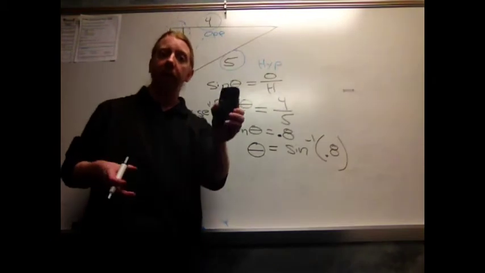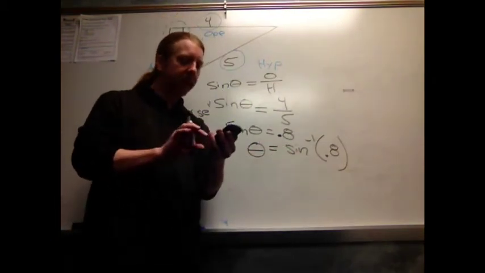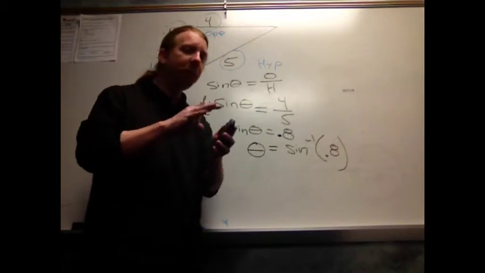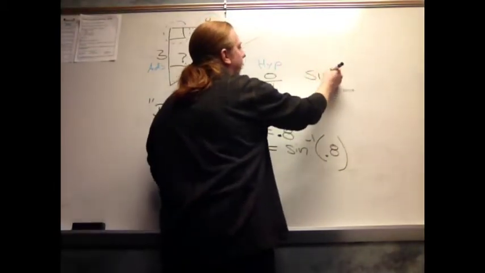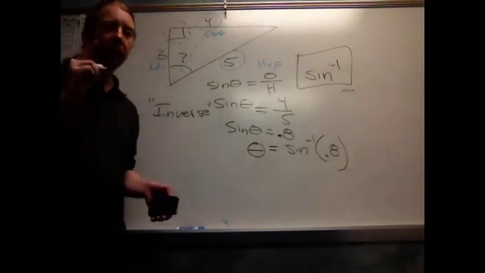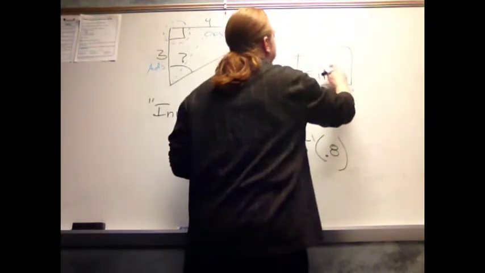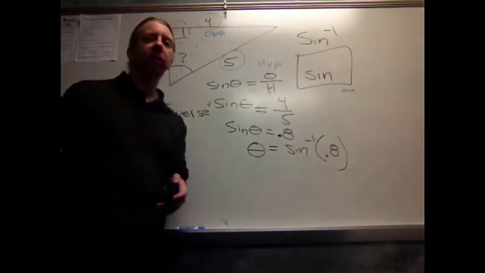So if I grab my calculator, I'm going to type in 0.8, and then push whatever button I have to push to access sine -1. That's the inverse. On most calculators, you'll see your sine button, and above it, it says sine -1.